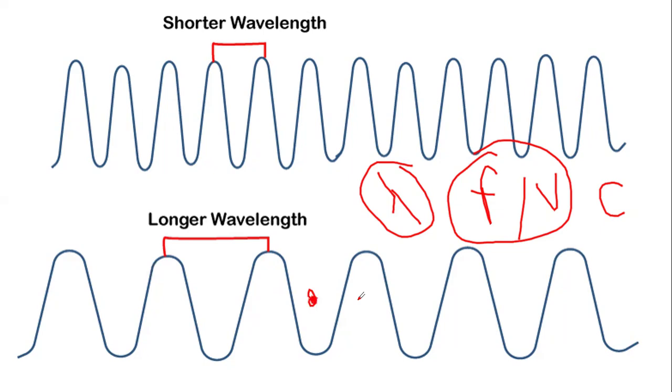So the frequency will reduce. But if I have a short wavelength like here, these waves will be passing this point one after another, so you have a higher frequency but a shorter wavelength. They are inversely proportional.